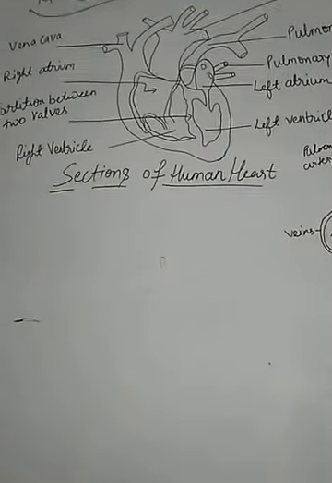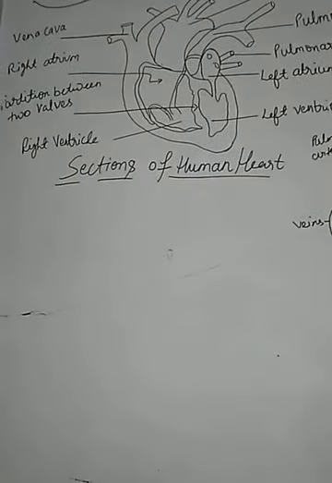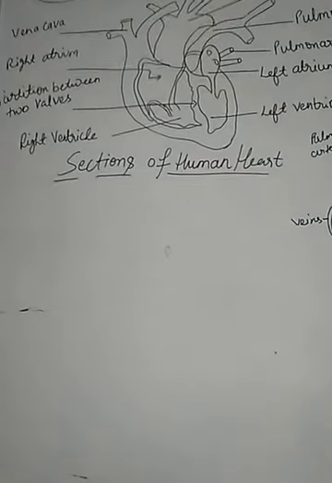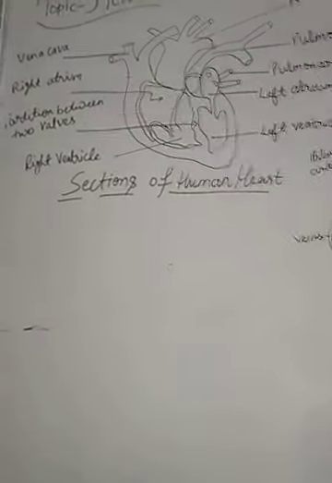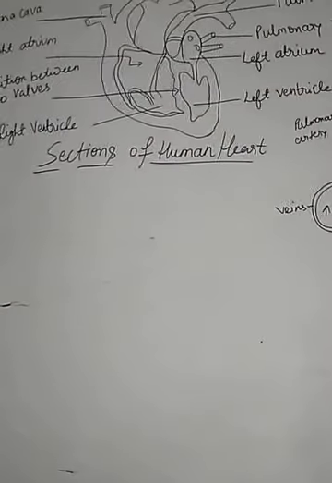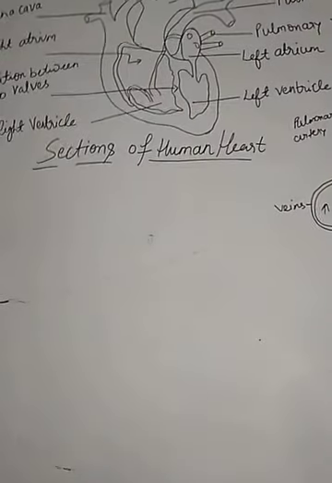Children, have you ever thought about what happens when the deoxygenated and oxygenated blood mix with each other? Does this happen in your body or not? To avoid this, the heart has 4 chambers.